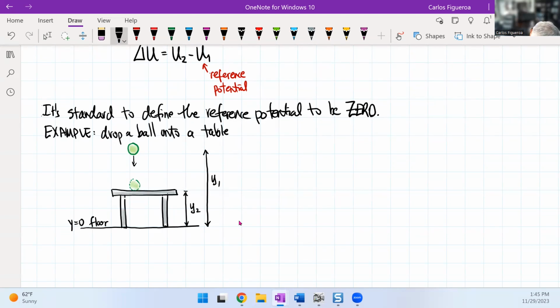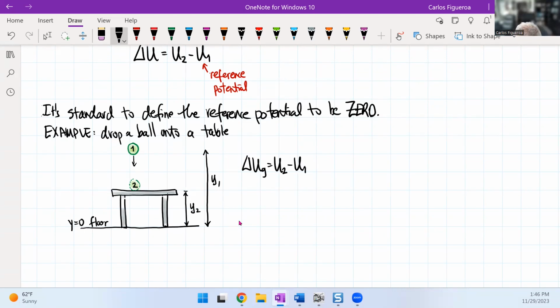So I'm calling this state 1 because that's where it starts, and I'm going to call this state 2. So what do I see in this? If I calculate the potential, in this case it should be the difference U2 minus U1.